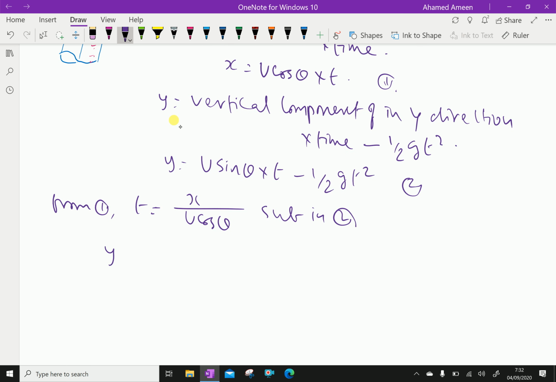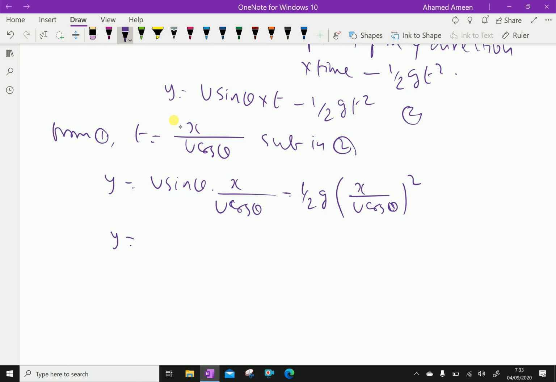That is, y equals u sin theta into t, where t is x over u cos theta, minus half g into x over u cos theta, the whole squared. Therefore, y equals x tan theta minus half g x squared over u squared cos squared theta.